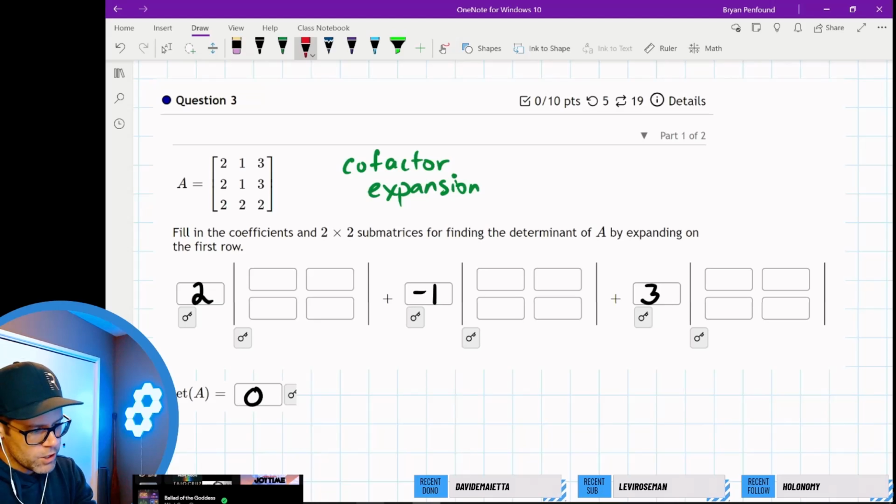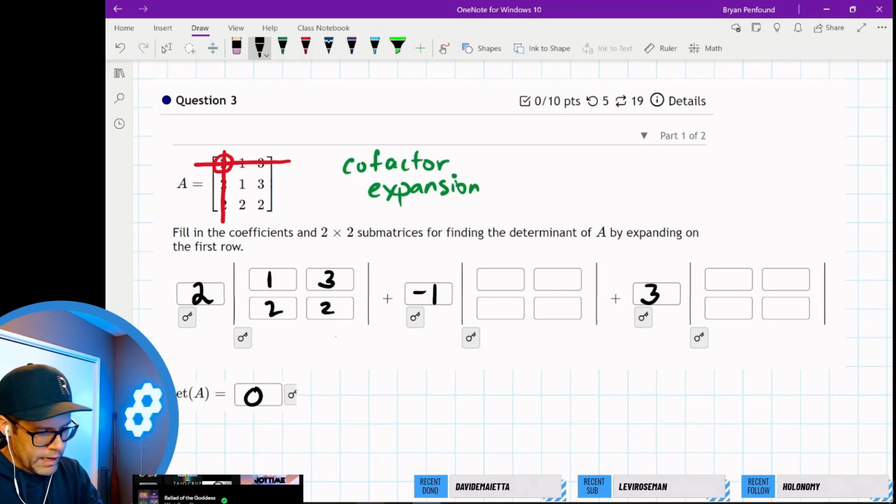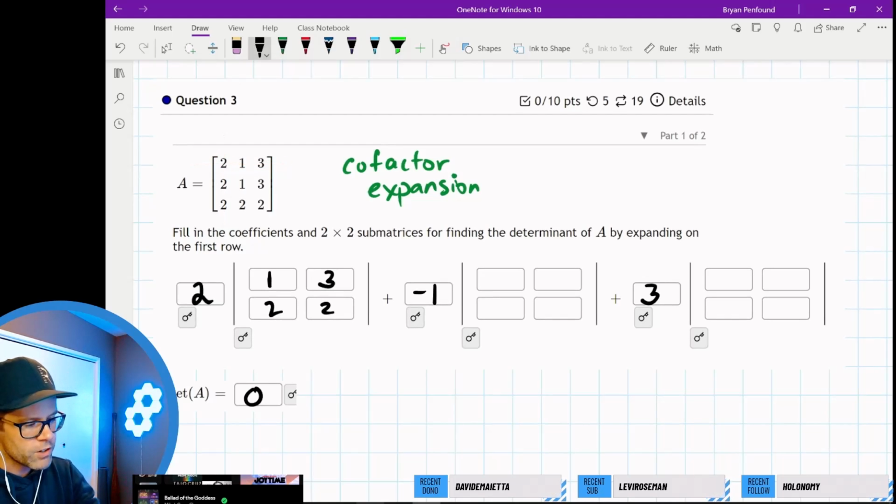And then what we need to do is highlight the number we're working with. And we're going to cancel out the row and the column. And that's going to leave us with the leftover. These are called minors. And for big matrices, these smaller determinants help us actually calculate the true determinant of our matrix. So let's move over to the number 1.